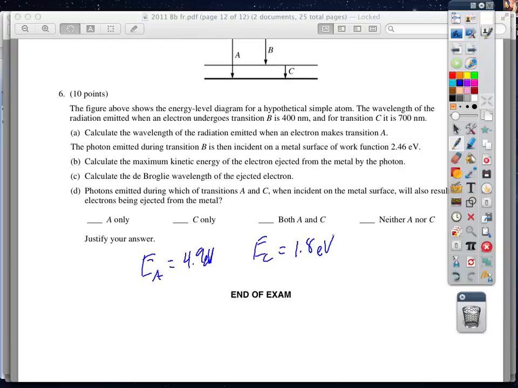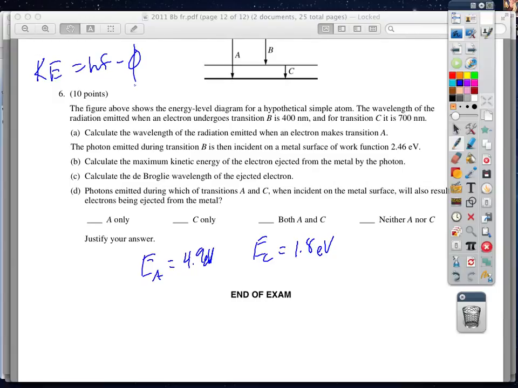Okay, so let's try this. Vivian, which one of these is bigger, EA or EC? EA. Now, when we do that equation which you gave us, KE equals HF minus phi, all right? Alvin, what does phi mean? Okay, I don't know what that means. Explain. How much energy you need to take out an electron.